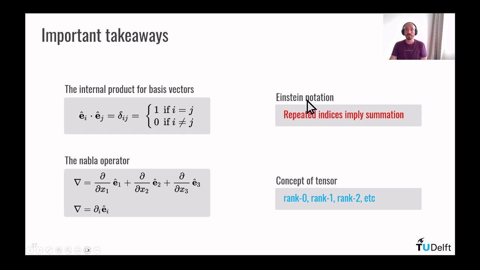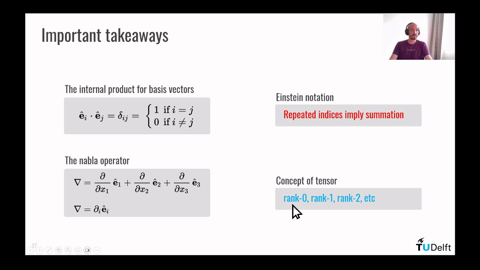The Einstein notation, the only thing that you have to keep in mind, or at least the main thing that you have to keep in mind, is that repeated indices imply summation. If the index is not repeated, then it's a free index. We also saw the concept of tensor. We saw the rank 0 tensor.